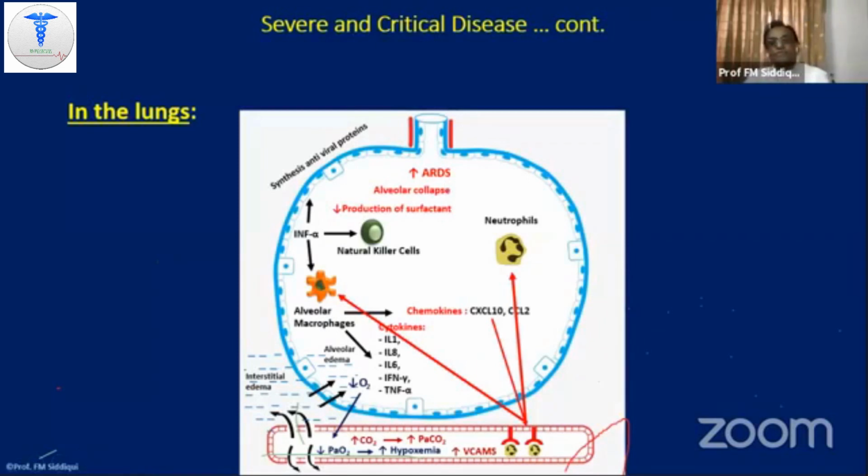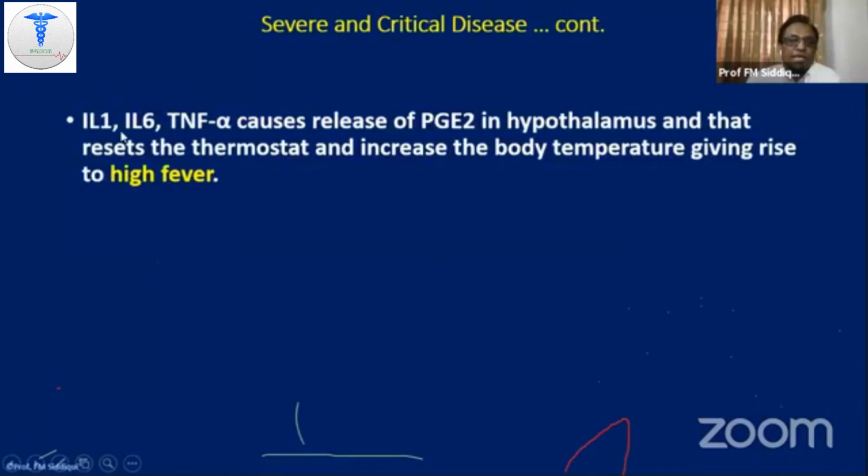Now, I must emphasize that a very small minority of patients get up to this stage of ARDS. Very minor number of patients. This is what happens in the lungs and alveoli. Now, other things that happen: interleukin-1, interleukin-6, and tumor necrosis factor alpha are released and come into the circulation.